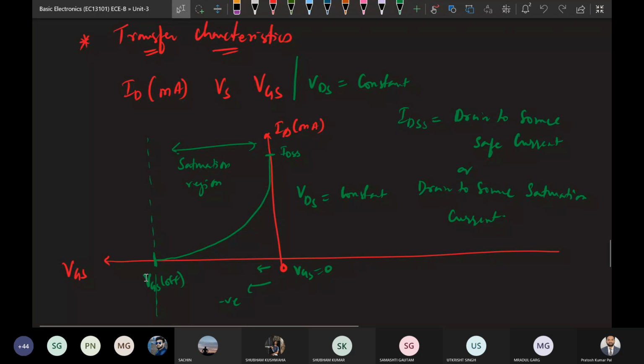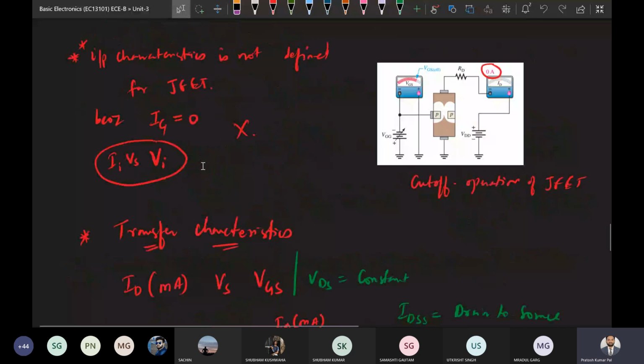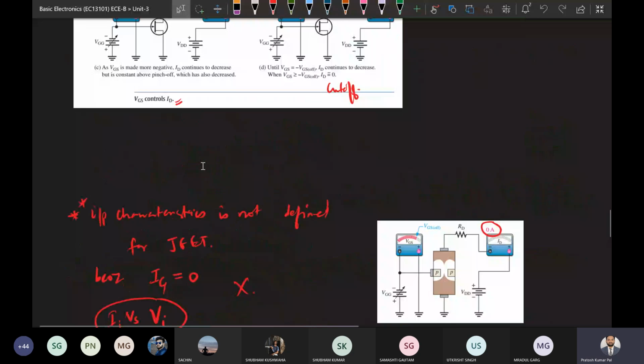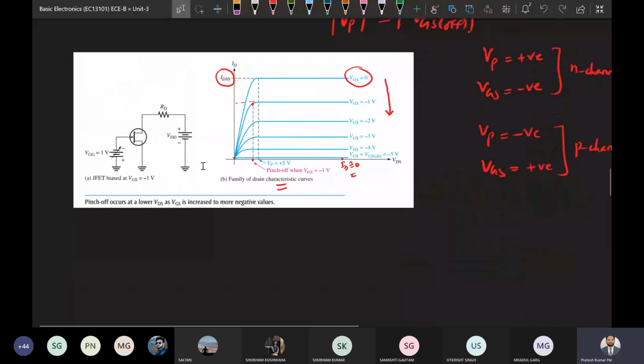This region is called the saturation region. Why is it called the saturation region? Because the current in this region is constant. This is the output characteristics, or drain characteristics.